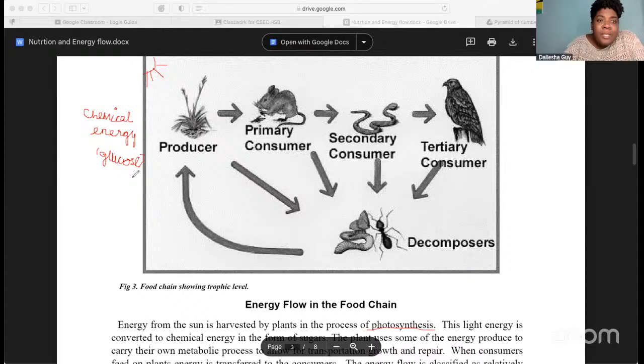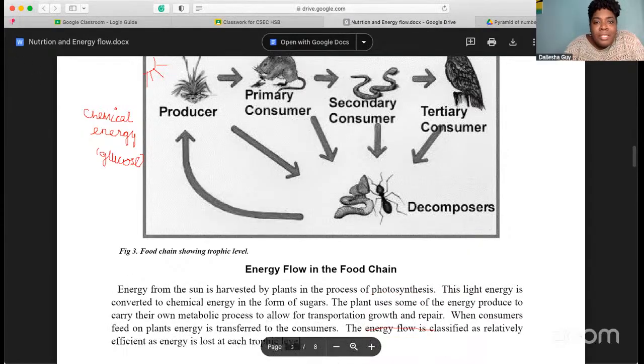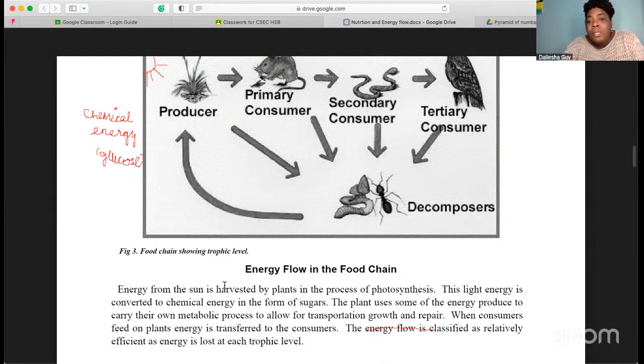Now, when the plant makes this glucose, the plant uses some of it for respiration and other processes. The plant has to grow, do transportation, and make other metabolic products, such as vitamins and other things. So the plant will use up some of the energy it got.